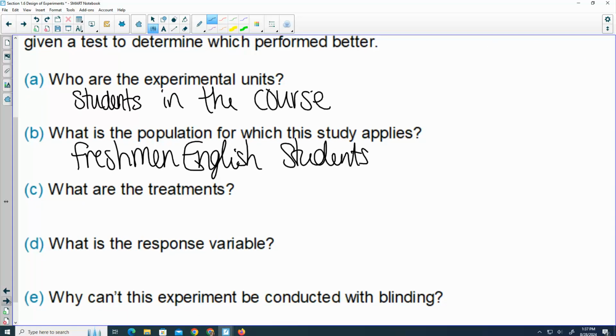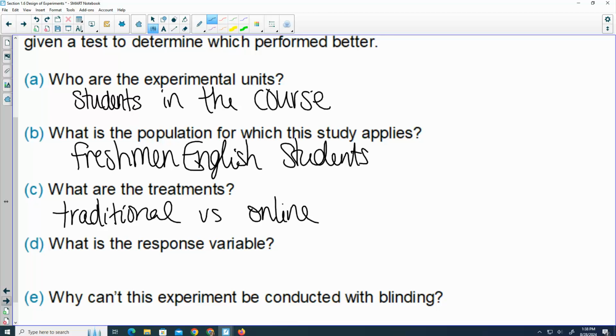The treatment. What are the different options? Okay, those are the only two options.